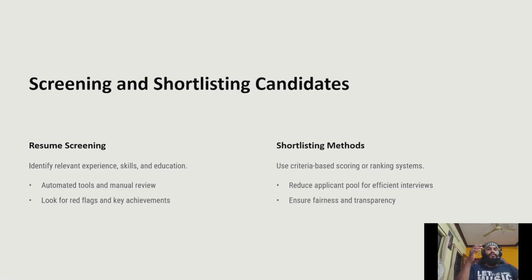And the shortlisting method is reducing the applicant pool that we have created in the process of recruitment for an efficient interview process. It also gives a chance to every applicant to get screened, and it is also called a criteria based scoring or a ranking system method.